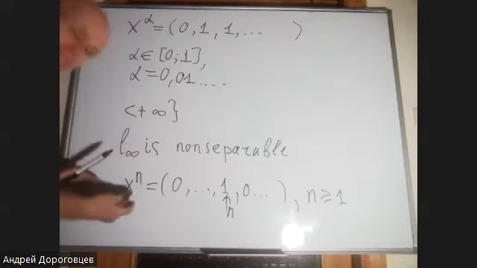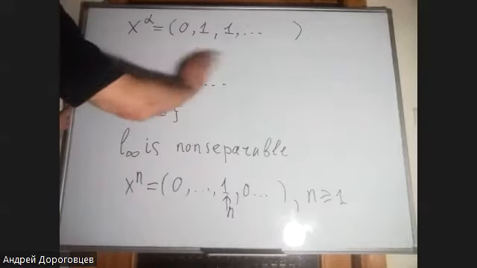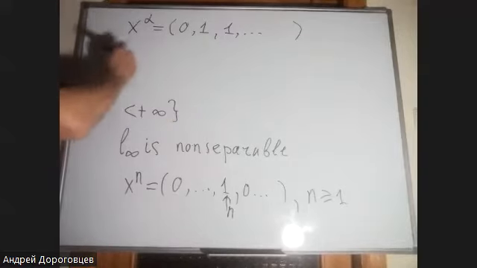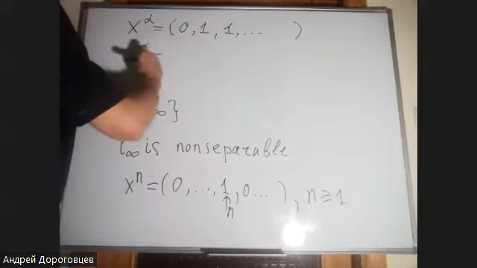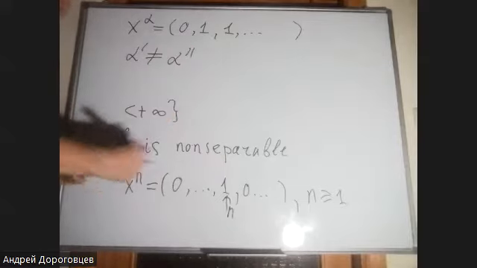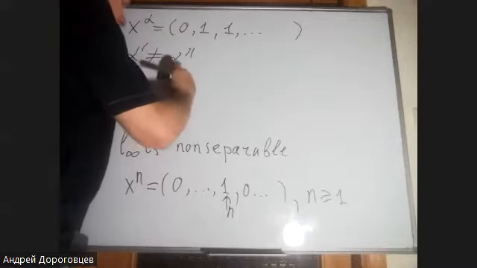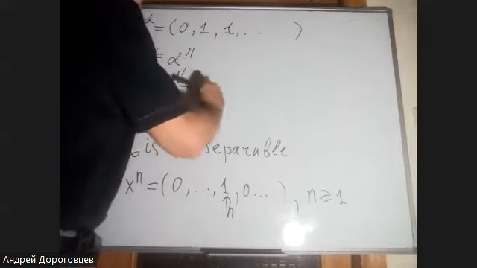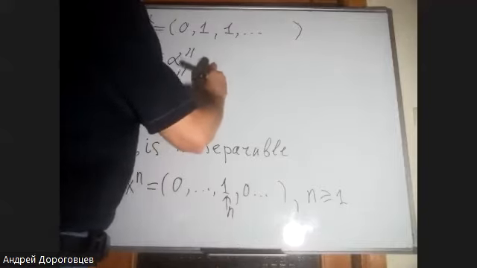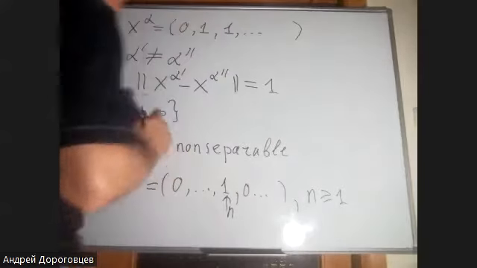But exactly as before, if we have two alphas, alpha prime not equal to alpha double prime, then the norm of x_alpha prime minus x_alpha double prime is equal to 1.